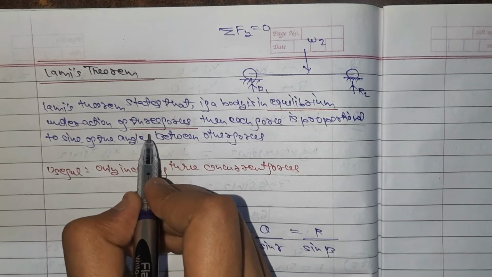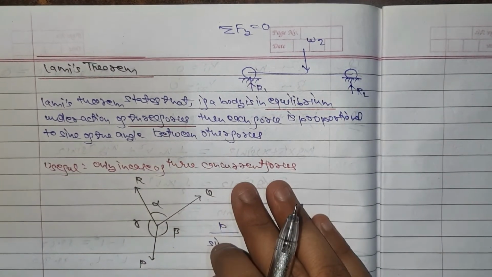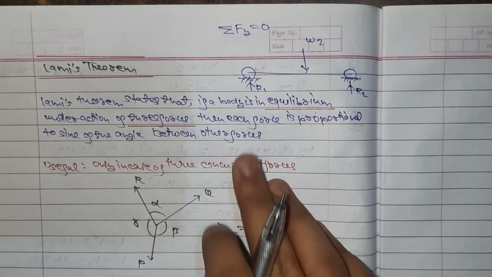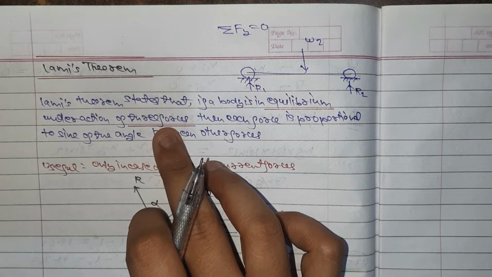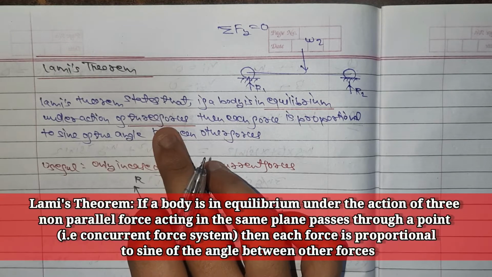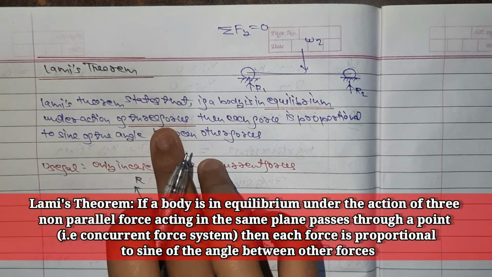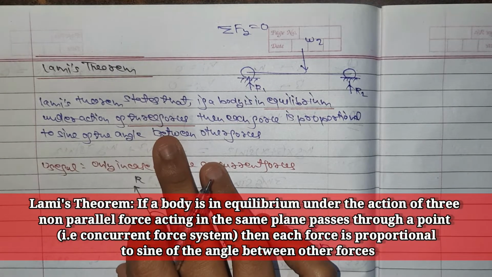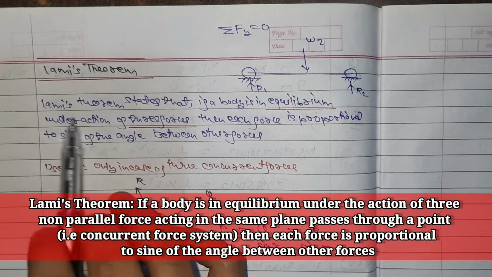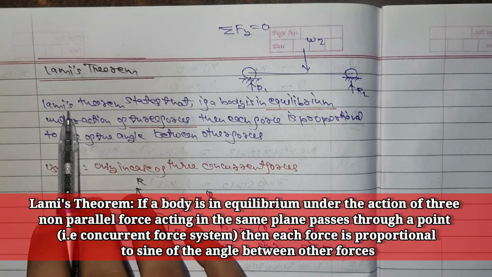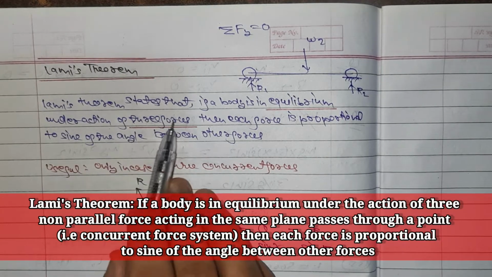What is special in this term? Please be very careful about it. Instead of three forces, I should write three non-parallel forces acting in the same plane and passing through a point, that is, a concurrent force system. Please listen once more: you should not write it like under the action of three forces.